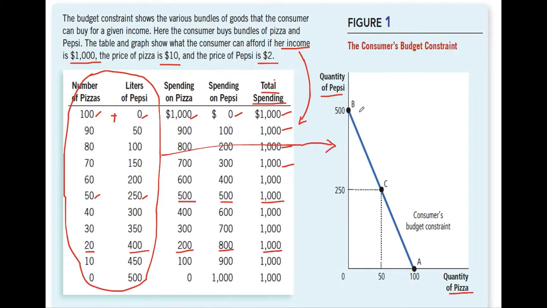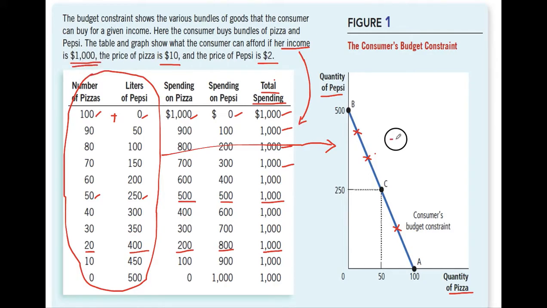What we get is this curve, this straight line, where each point of this curve represents a consumption bundle that Harley can afford given his income of $1,000.